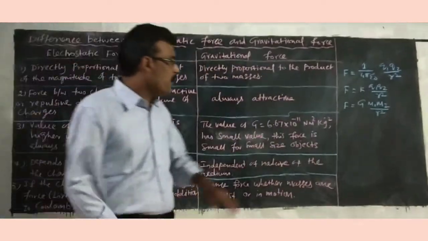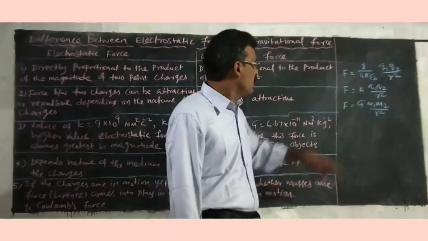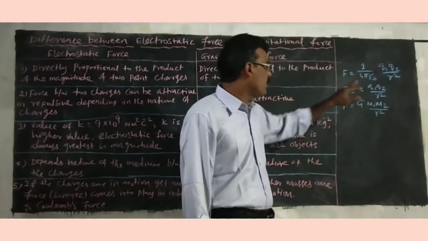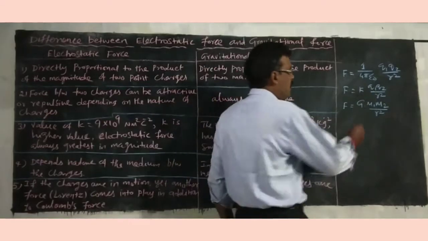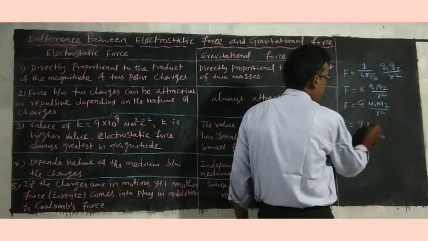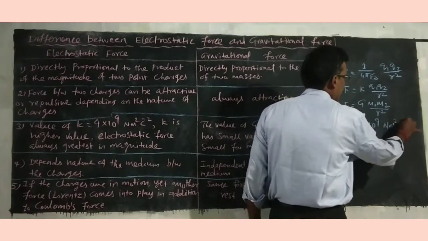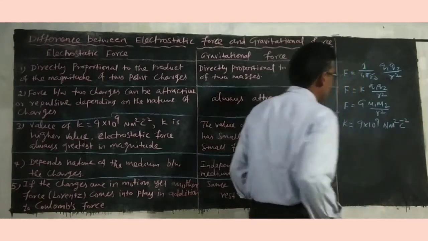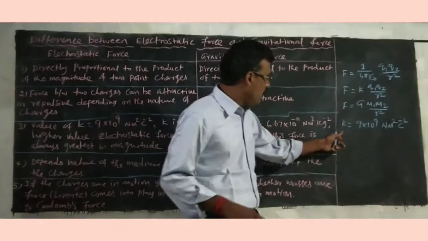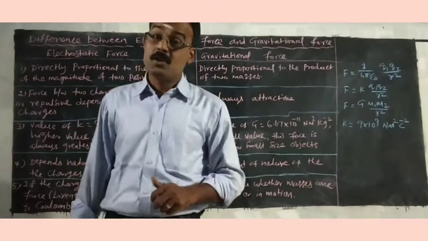So we are going to differentiate these two laws. We know K is equal to 9 into 10 to the power 9 Newton meter square C minus 2. Look at this value K, it has a very huge value.